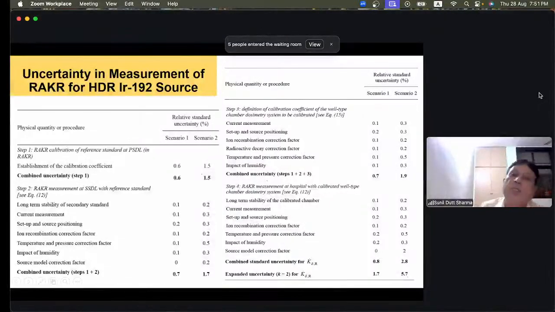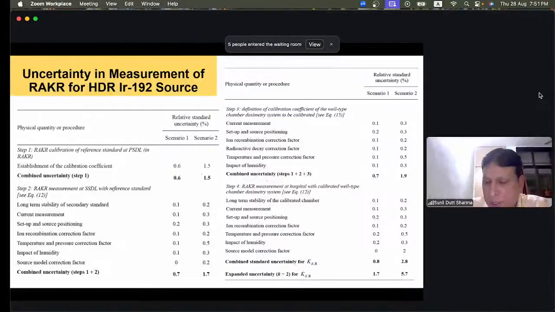Now the question is, when should we measure the source strength of brachytherapy sources? The answer is very simple. Whenever you are purchasing a new source, definitely you should measure the source strength yourself and also compare it with the source certificate provided by the supplier.